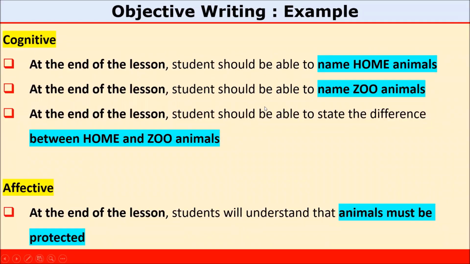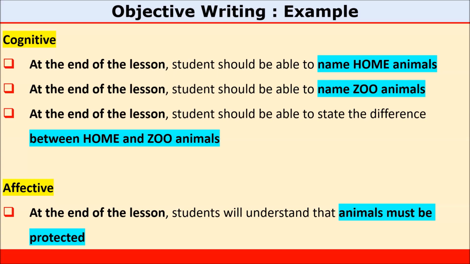Here is an example related to the previous lesson, animals. Under the cognitive part, you can say at the end of the lesson, students should be able to name home animals. That's one of the objectives. That's the knowledge. Students get the knowledge from your lesson. According to the competency level we already mentioned, at the end of the lesson students understand about home animals.